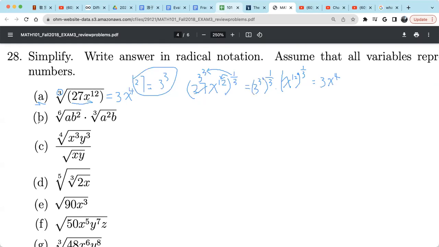So similarly for B, but B is a little bit tricky because we have this one with index 6, this one with index 3. So what do we do? We would multiply by a rational exponent of 1. So we would raise the second one by 1, but remember 1 is a transformer, a number divided by itself.